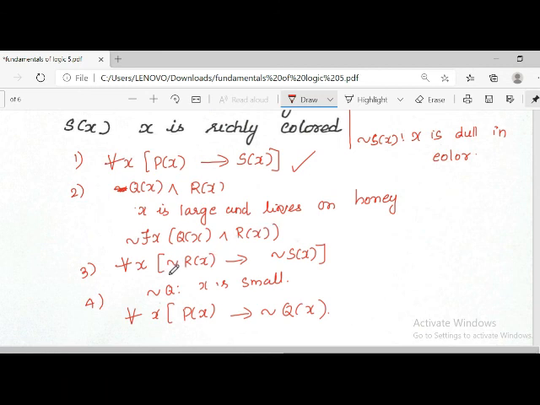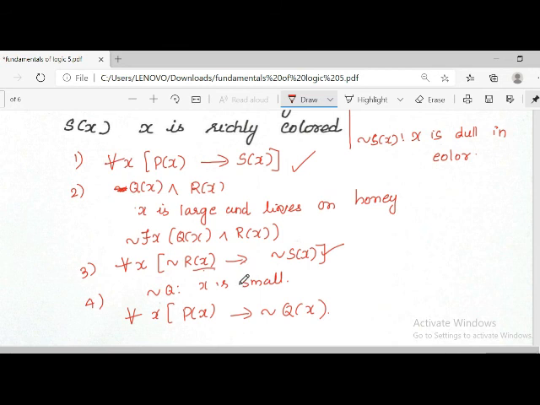The third one is birds that do not live on honey, meaning negation R of x. For all x, if they do not live on honey, then they are dull in color. So you can use the conditional statement.